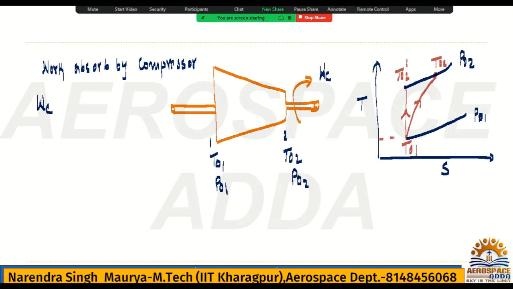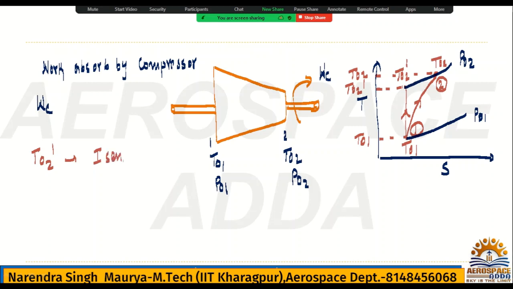You can draw it here for your understanding. This is T02 dash, this is T01. This point is obviously 1, this is point 2 and this is point 1. All right, and here this will be T02. So there should not be any confusion. T02 dash is called isentropic, because what is the work of the compressor?